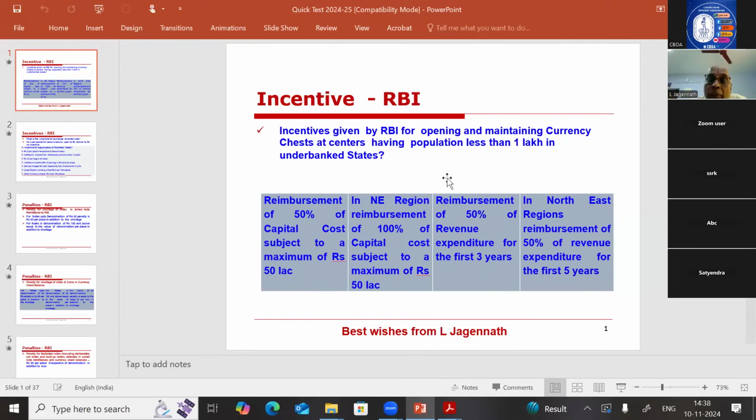So in underbanked states where population is less than 1 lakh, if the banks open and maintain a currency chest, RBI gives certain incentives. What are they? RBI divided the centers into the northeastern region and other than northeastern region.